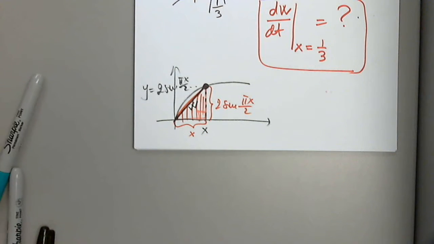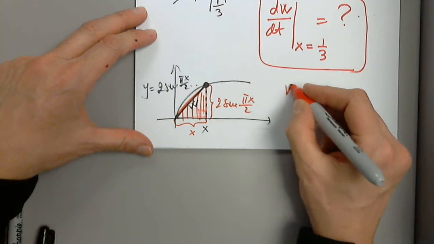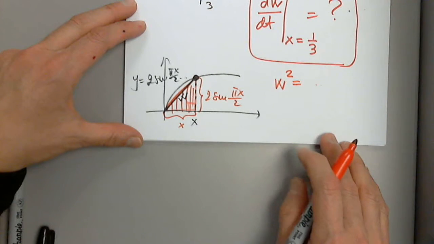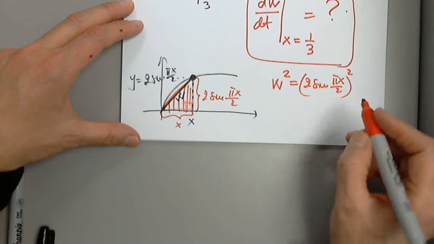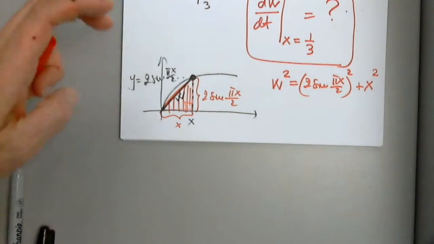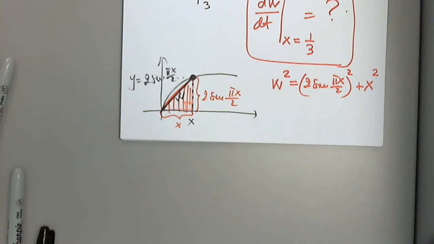The Pythagorean theorem, in which we write w squared equals (2 sine pi x over 2) squared plus x squared. This is the relationship between x and y at any point on the curve, of course they are related, and w connecting the origin to the particle at any point on the curve.